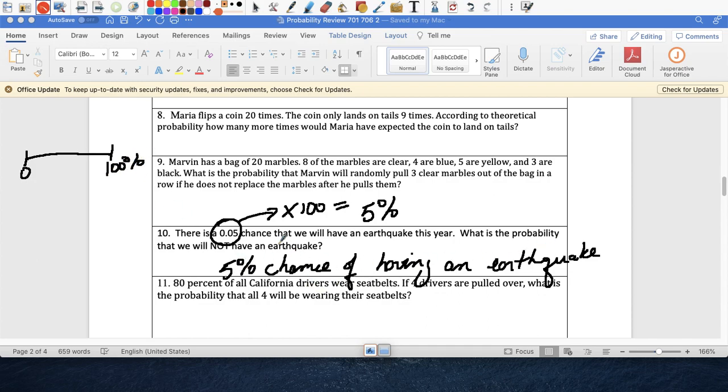If you have a 5% chance of having an earthquake, that means you have a 95% chance, right? There's a 95% chance of not having an earthquake.